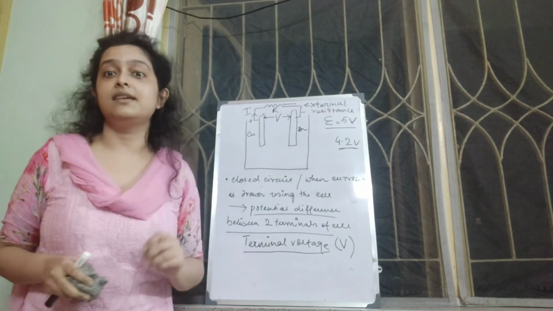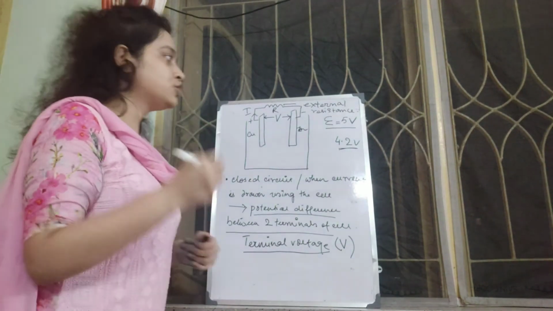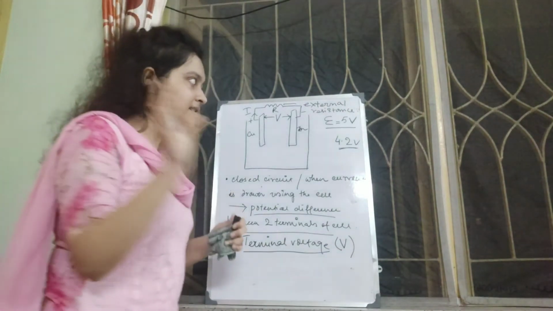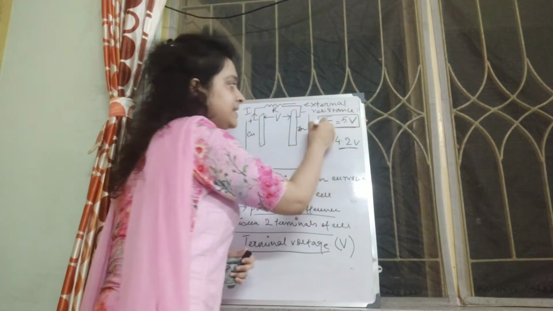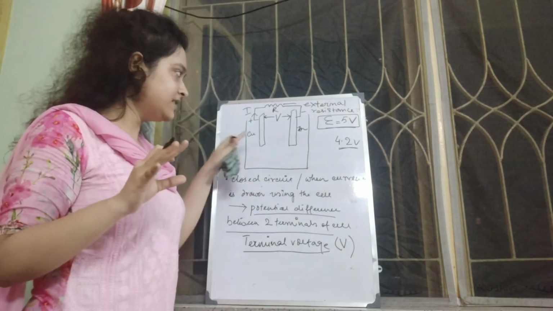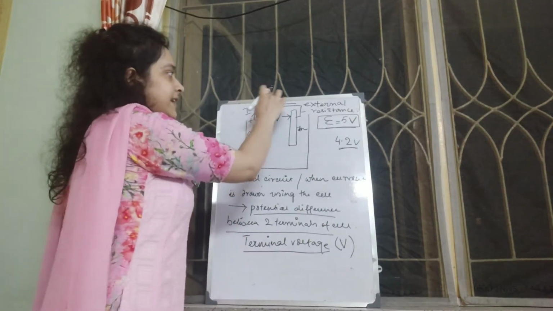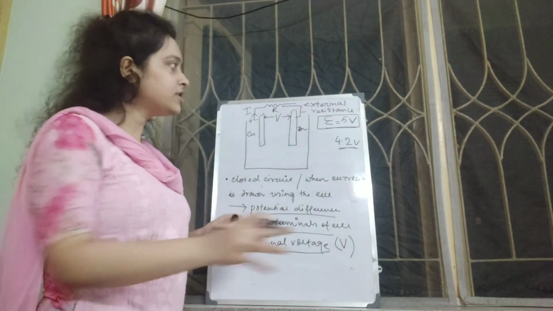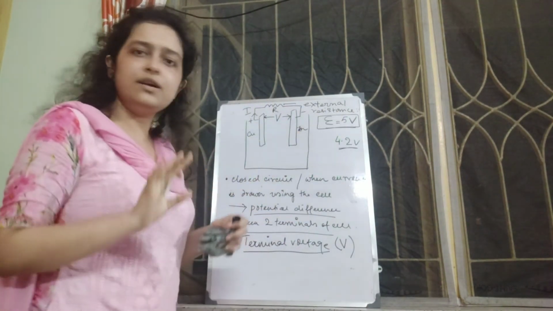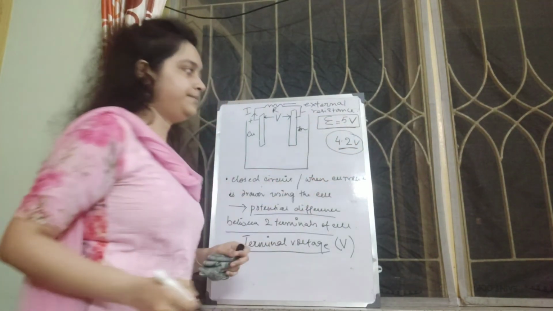Due to this internal resistance, there is a drop in voltage. You just imagine, EMF is 5 volt. That means we should have got the potential difference between the two terminals of the cell, ideally, as 5 volt because this is the EMF. But we found it less than 5.